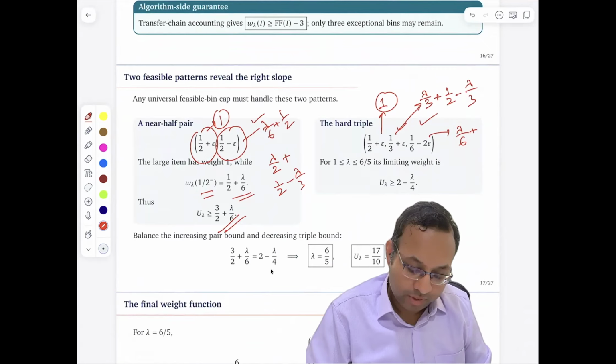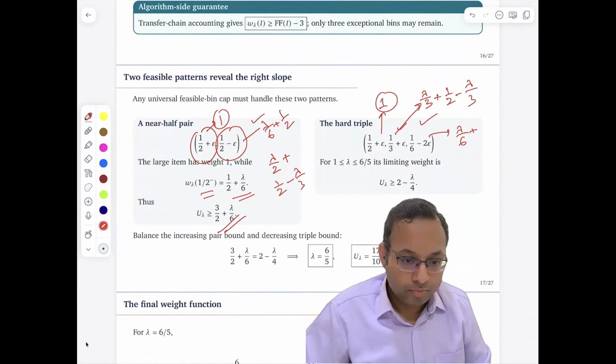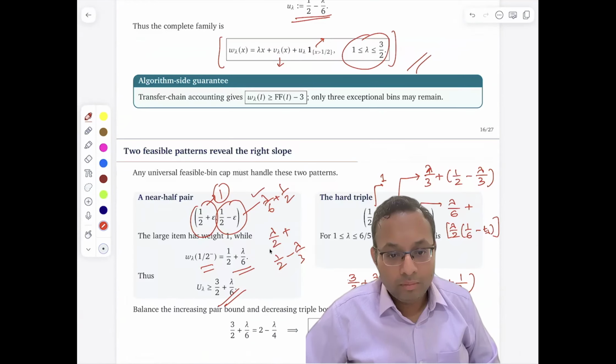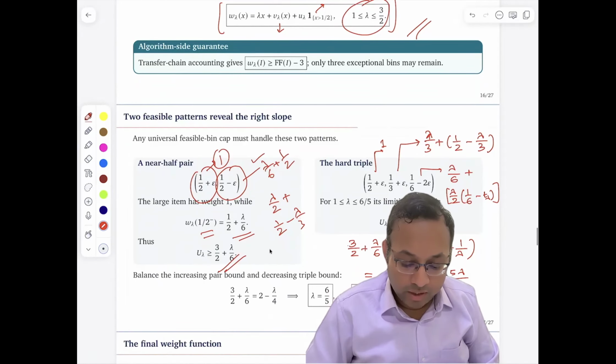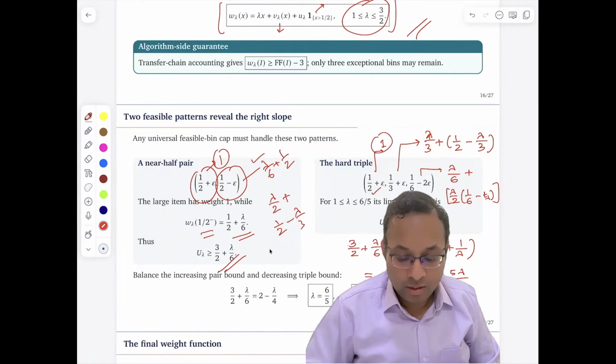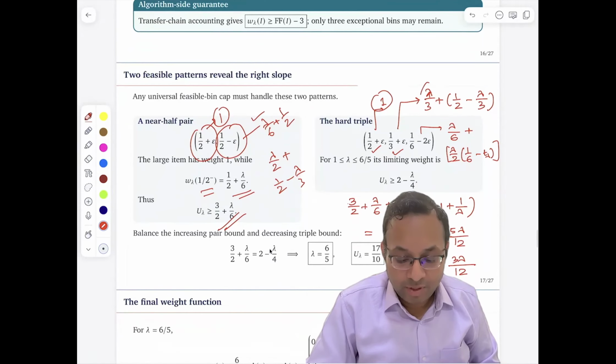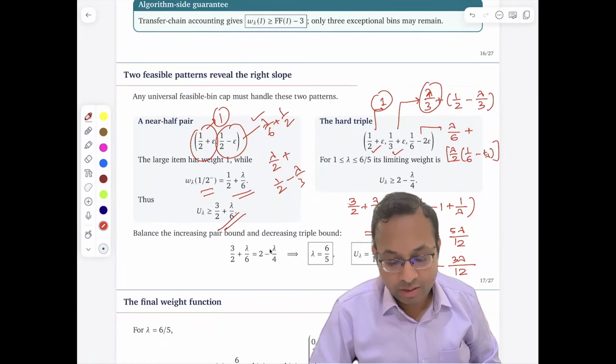Did I make some calculation mistakes? Yes, there was a calculation mistake. So if I look at this, the weight is 1. If I look at 1/3 plus epsilon, there is lambda by 3 from regular lambda times x, and then this is the bonus, half minus lambda by 3.